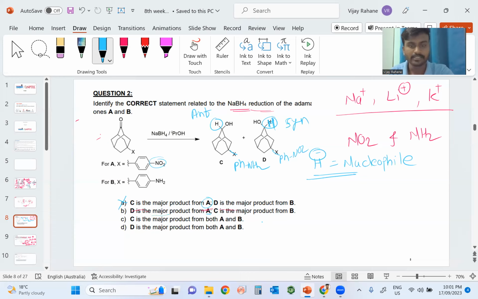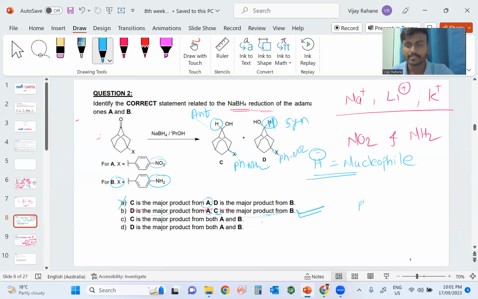All right, up to here it is correct. And C is the major product from B, which has the electron donating group. So they prefer anti-attack, so here the anti-attack happens and C is major. All right, so statement B is correct here.